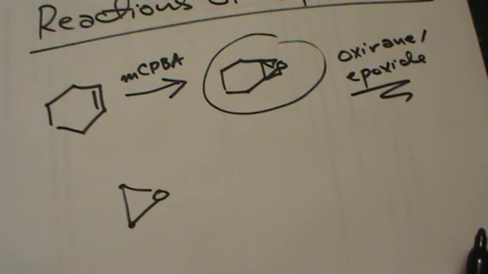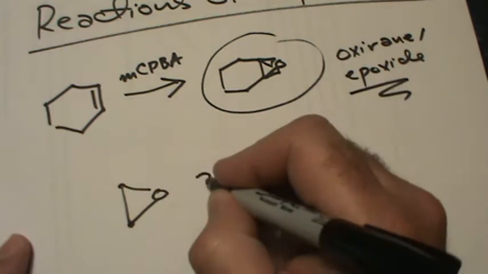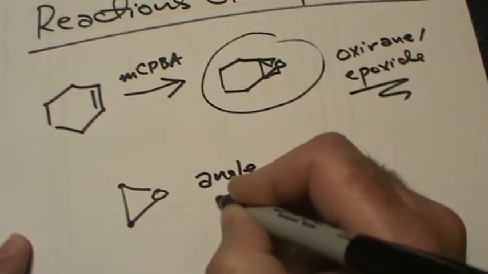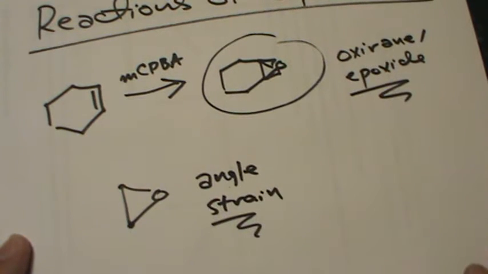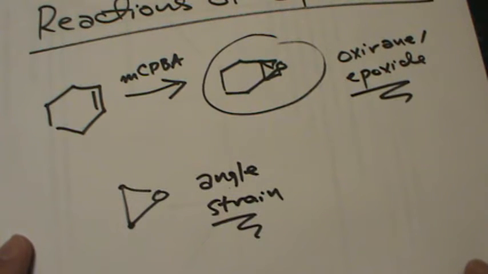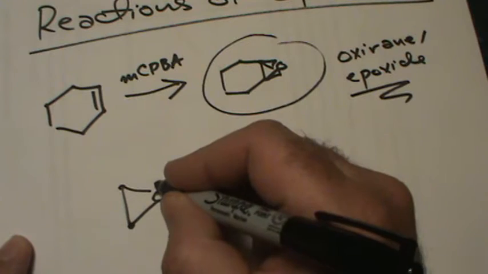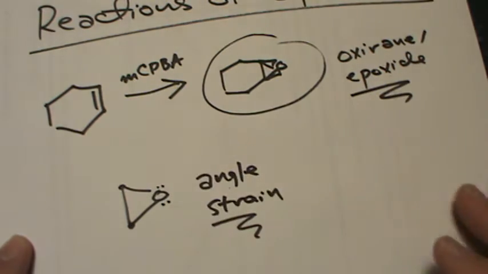So as we've discussed in the past with cyclopropanes, there's going to be a tremendous amount of angle strain in these and other three-membered ring compounds. What's different about the oxirane as compared to a cyclopropane is, of course, the presence of this oxygen.